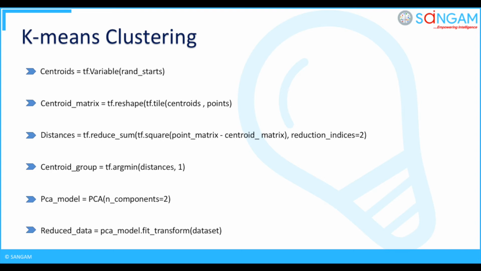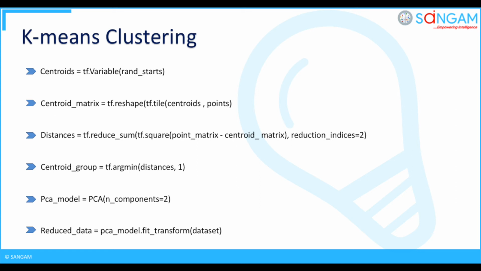Next, the function shown is for the centroid assignment, where the closest distance of each data point with respect to the centroid is formed as a group. Here the data is distributed between the number of centroids created. The function in TensorFlow is written as centroid_group equals tf.argmin of distances, 1.